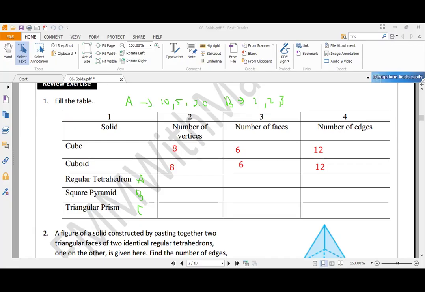Neville, what about the triangular prism's number of edges? Is it 8? Yes, yes. Super. Alright, okay.